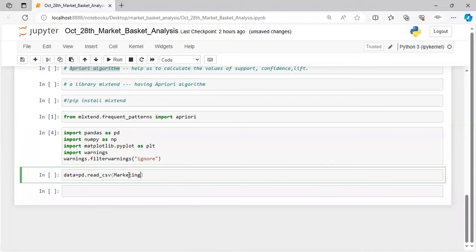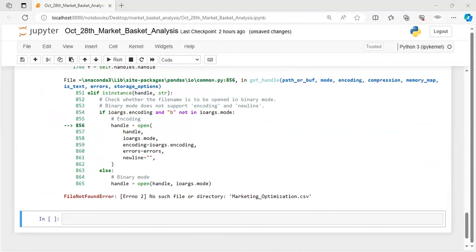Sir, spelling mistake, there is an S. Right, optimization. So we can just make a copy of it and then process.